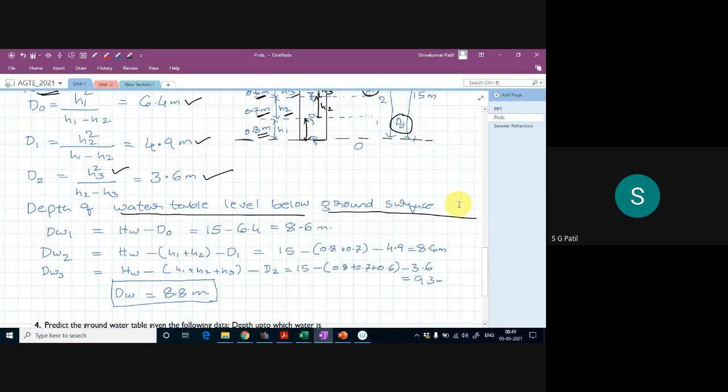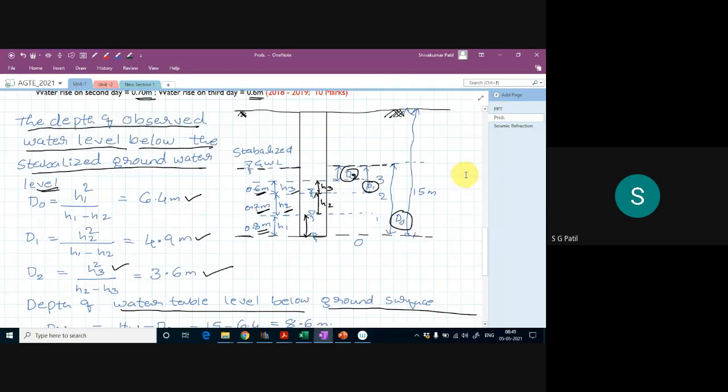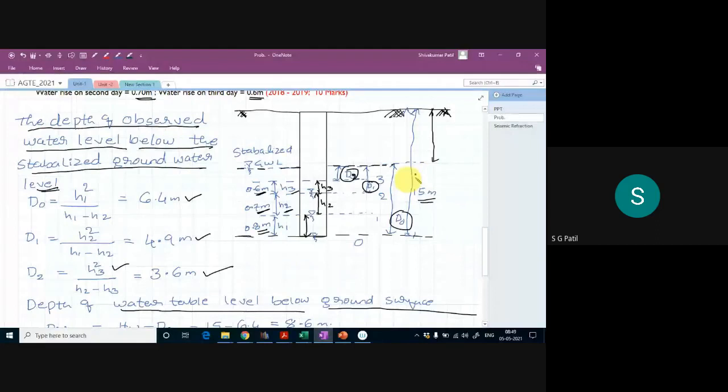Once you have that, now you have to find out the depth of the water table level below the ground surface. From the ground surface, what is the depth? That means from here, I have to find out the groundwater table.